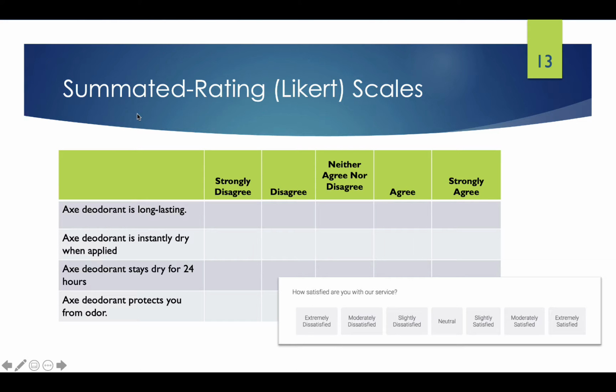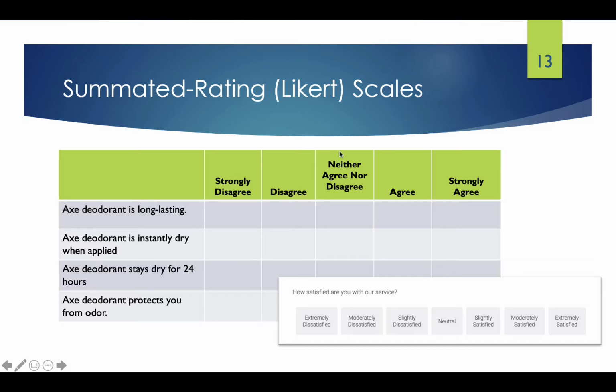So there's a summated rating or Likert scales, as you will hear me call them. And basically they're a scale to understand an attitude or an opinion. So if we're looking at Axe products here, you might be asking a male age 18 to 54, or whatever demographics you're collecting on your survey: Axe deodorant is long lasting.